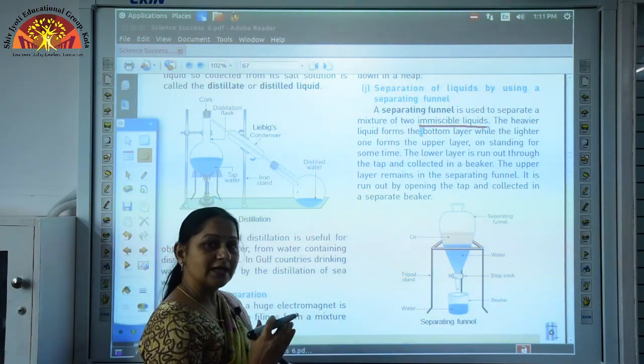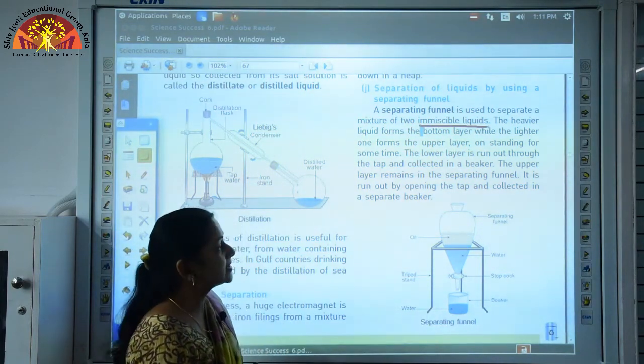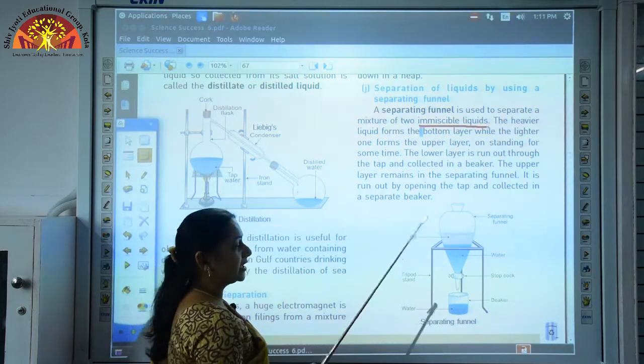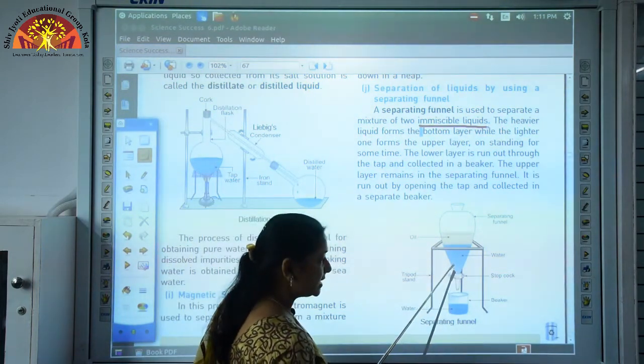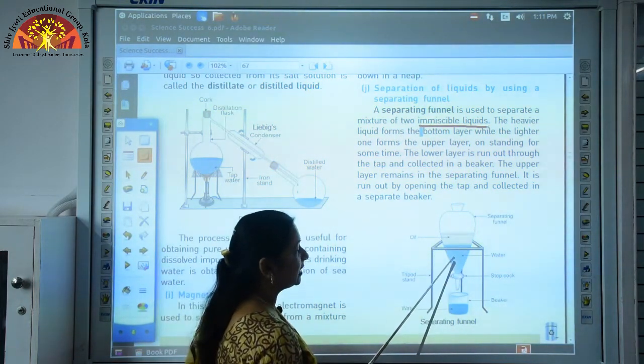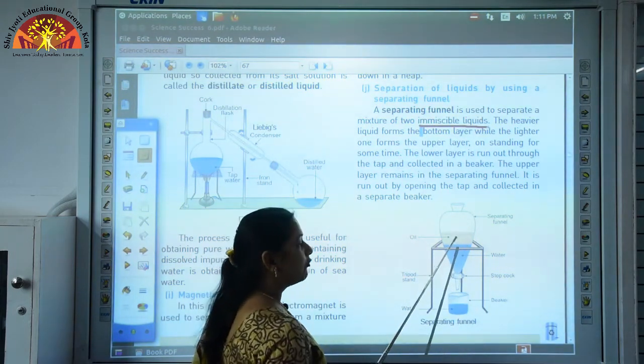Between these, one is heavier and the other one is lighter. The heavy liquid remains in the separating funnel, and the lighter one will float on top.